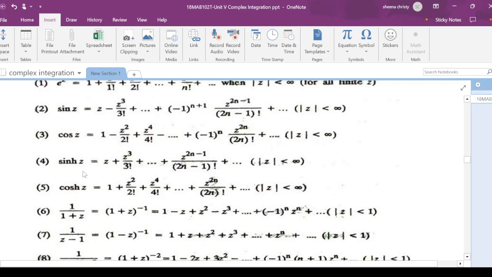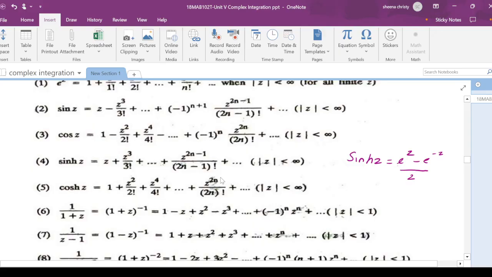Sin hyperbolic z can be written in terms of e power z. Here you have the formula: sin hyperbolic z equals e power z minus e power minus z, divided by 2. By making use of the expansion of e power z, you can get what sin hyperbolic z is.